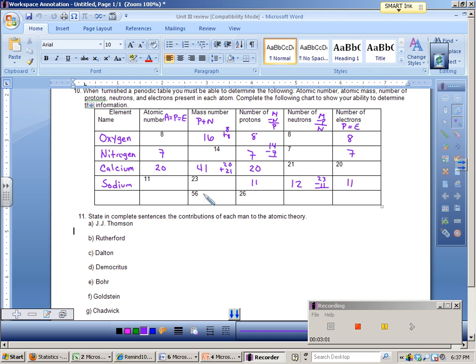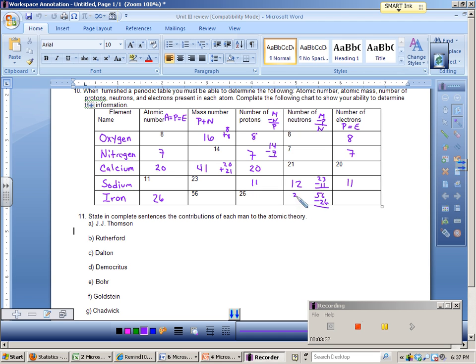Our next one has 26 as the number of protons. Therefore, we know the atomic number is 26. If we look up element number 26, we will discover that's our friend iron. To get number of neutrons, we're going to have to do mass number minus our proton or our atomic number.